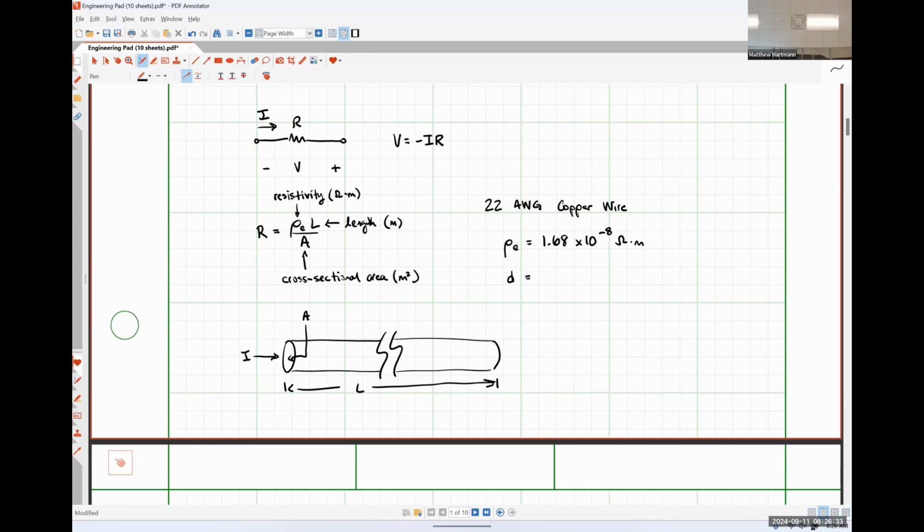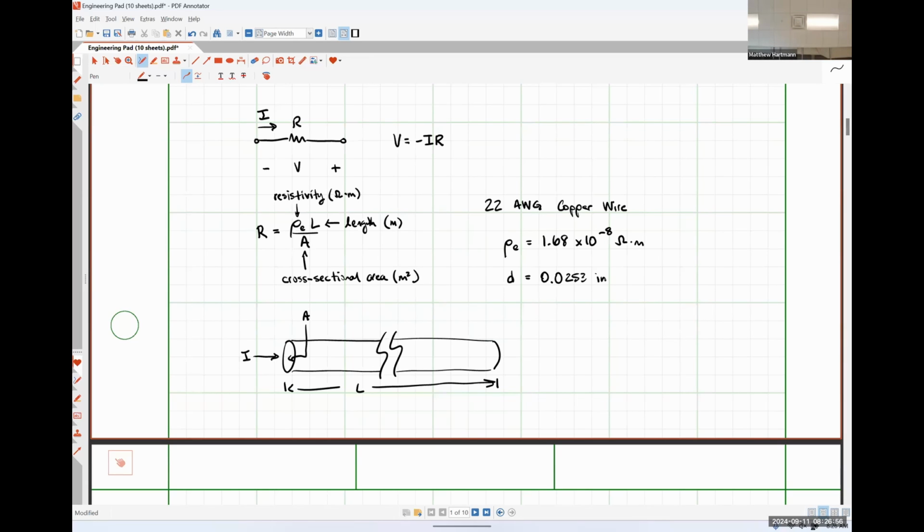And if you give it to me in inches, that'll be okay, because we're smart enough to do simple conversion between units. I think it's 0.0253 inches. Thank you, Carolyn.